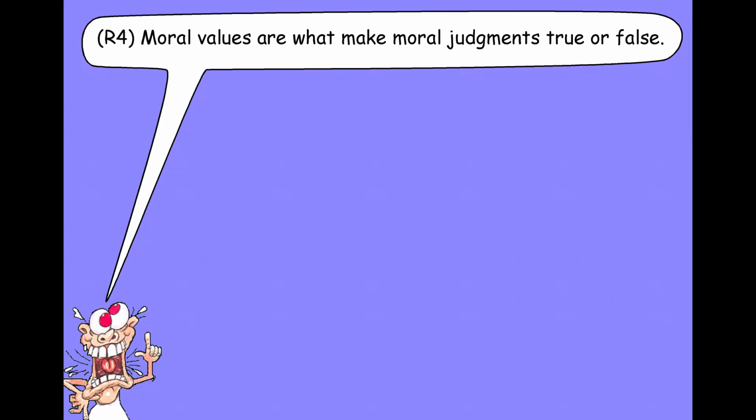Then in our fourth premise here, we have moral values are what make those moral judgments true or false. So not only do they have different moral codes, but what makes those moral codes the correct code as opposed to the incorrect code in some particular culture is that those moral codes reflect the moral values of that culture.